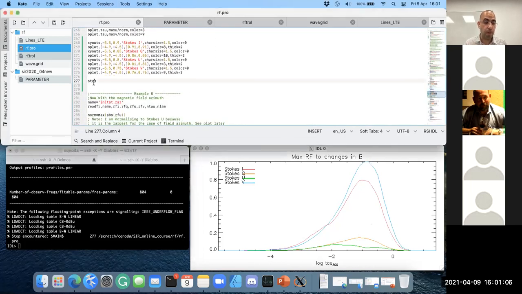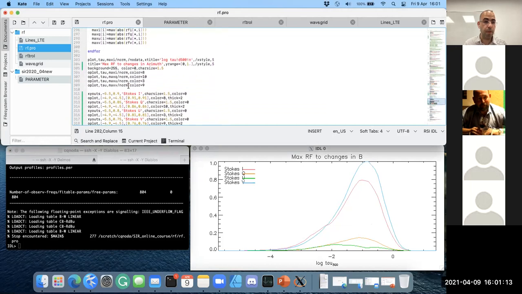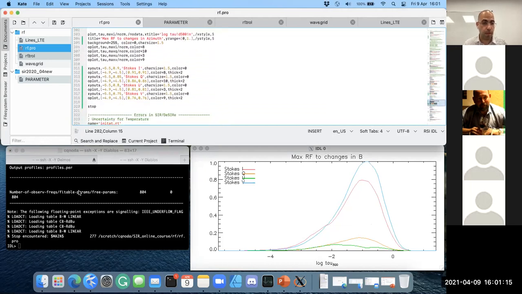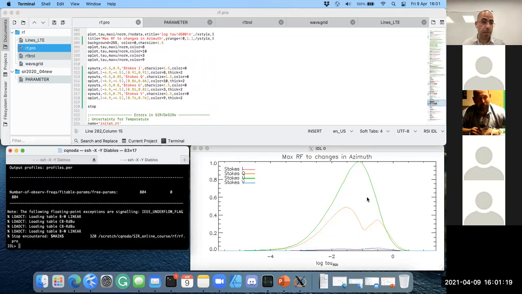And if we do the same for the azimuth, let's just keep an eye here. This is the azimuth. If we do the same, now you will see that it makes sense to observe also Q and U, because before they were very, very low.